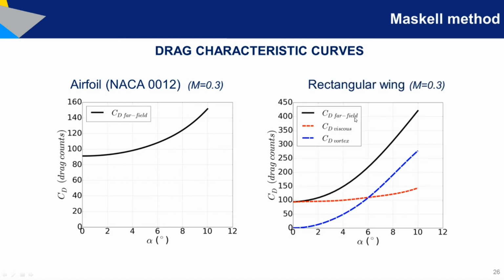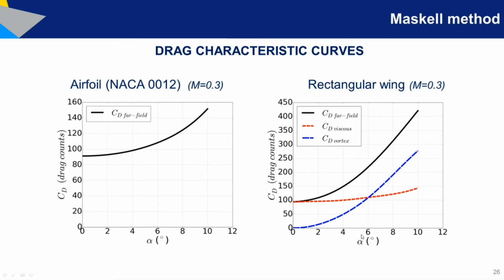Regarding the 3D cases, this time total drag can be computed by the far field method and decomposed into these viscous and vortex components. And as you can see, this viscous component will be related to this curve here, whereas the vortex is only a 3D phenomenon, something that doesn't appear in 2D cases.